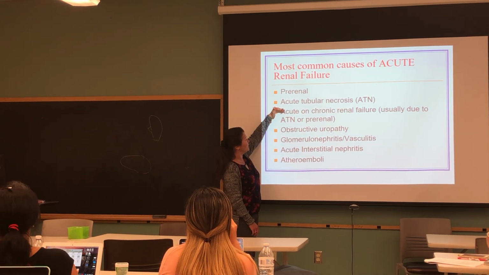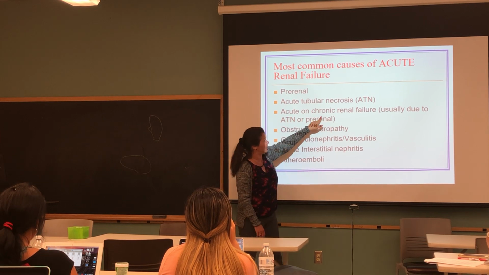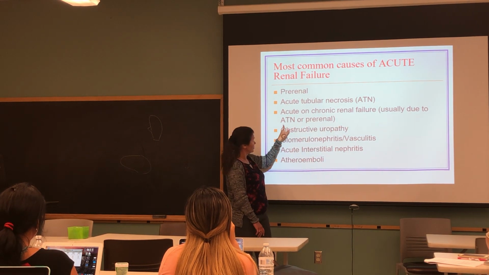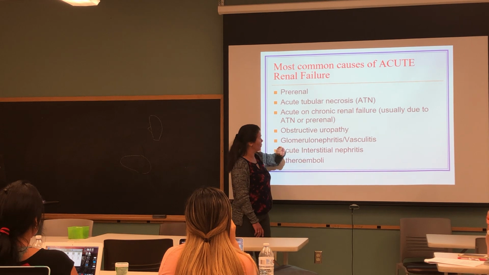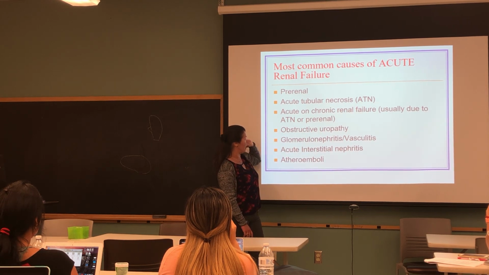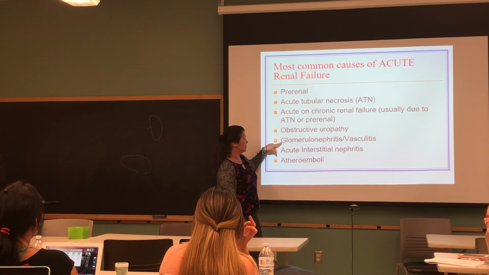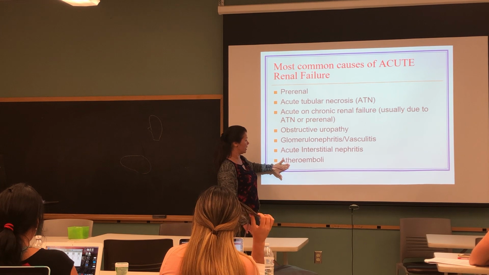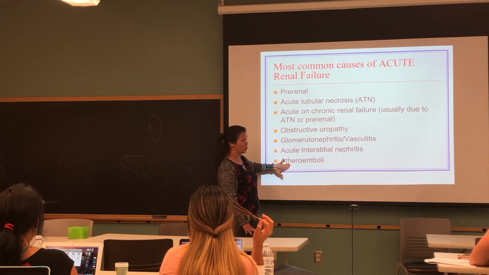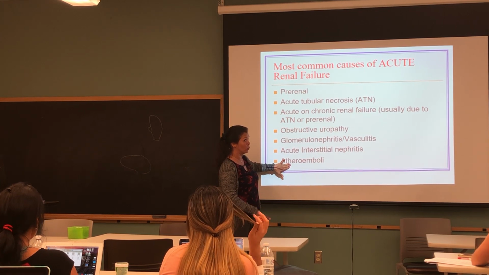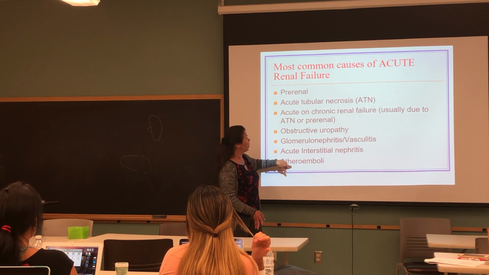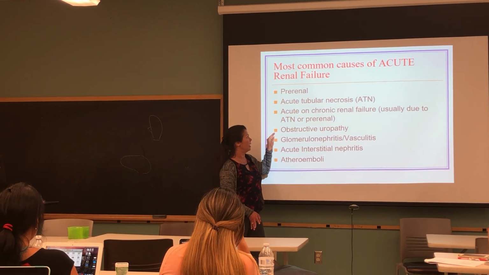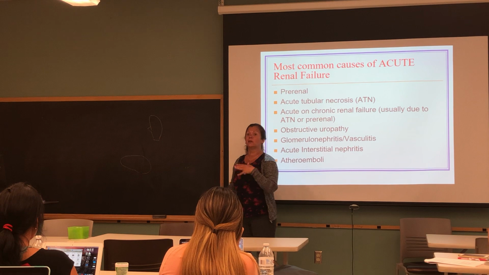Remember that patients that have, and again, it's explained here, usually due to ATN or renal, which is a prolonged tissue hypoperfusion, okay? Now, remember that glomerulonephritis, acute interstitial nephritis, and we're going to talk next week about atherosclerosis producing vasculitis or renal stenosis, are causes of intrarenal. And remember, post-renal is obstructive.